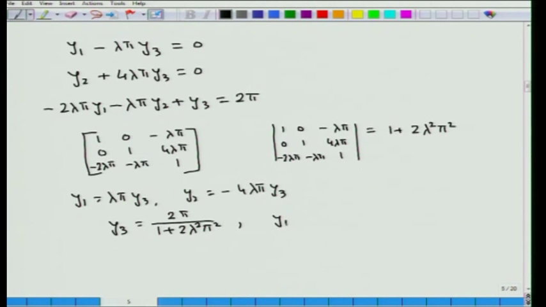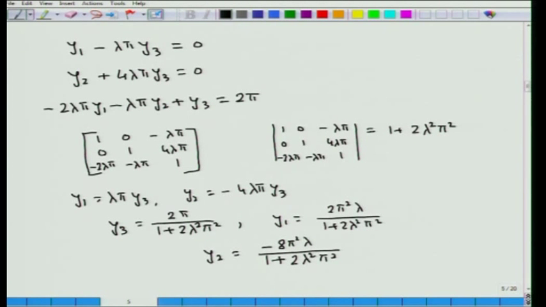So, with this y 3 immediately we can find y 1, this is equal to 2 pi square lambda divided by 1 plus 2 lambda square pi square, and y 2 is equal to minus 8 pi square lambda divided by 1 plus 2 lambda square pi square.